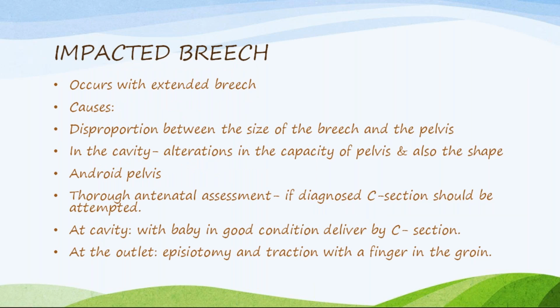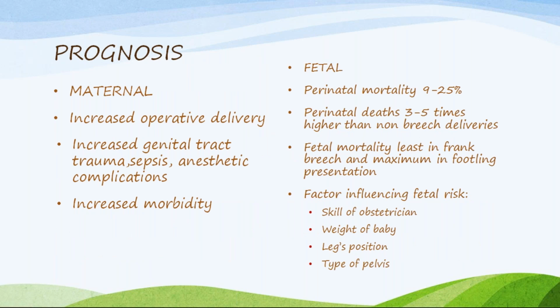Methods of delivery. Impacted breech, disproportionate size, all these things. If it is impacted, there is no point, it is cesarean section if the baby is alive. But rarely you will find impacted breech with the baby alive. Even if the shoulder is impacted, all these things, you have to go for cesarean section.